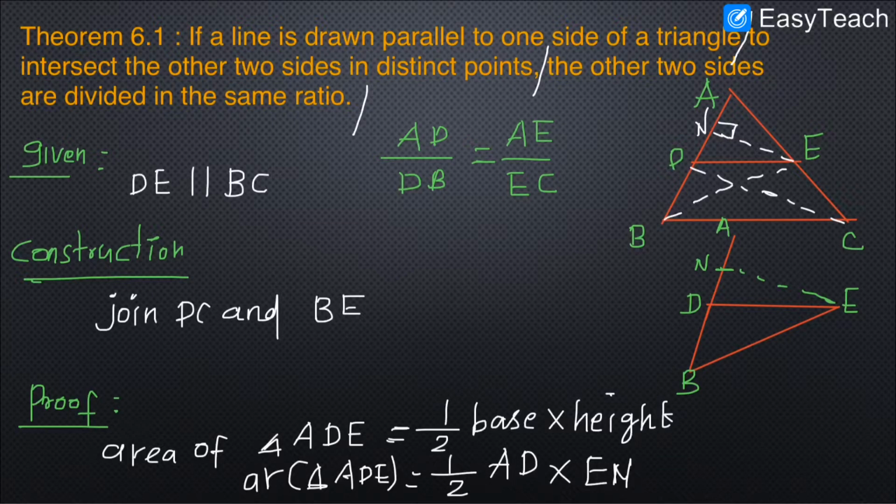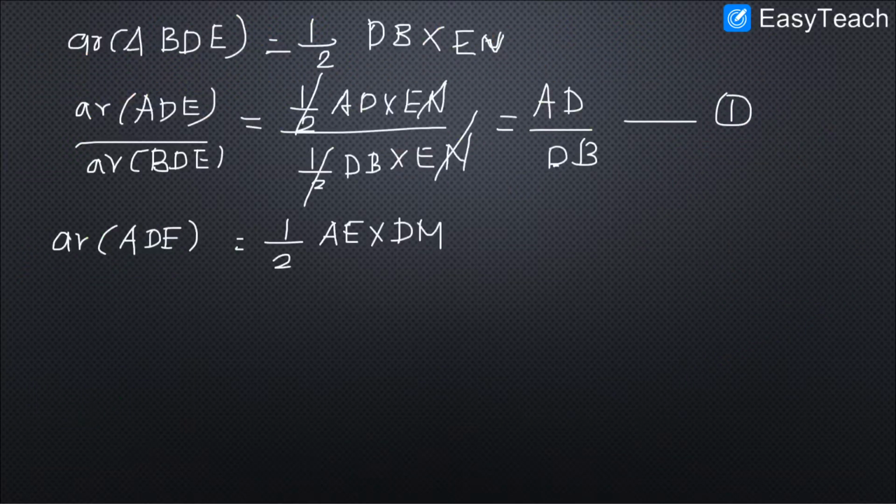Then what will be the height? So again I am going to draw one perpendicular line from the opposite side of the base. Here the base is AE, the opposite vertex of AE is D, right? And I am going to name this foot as M.